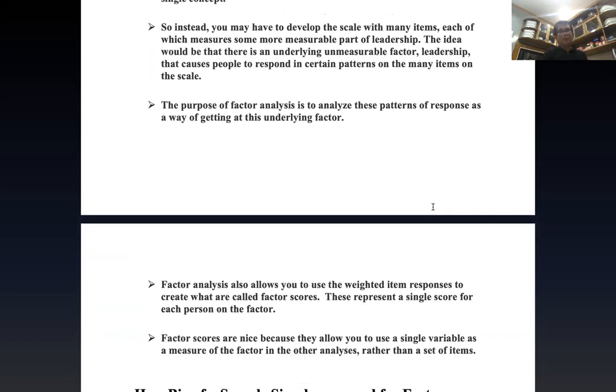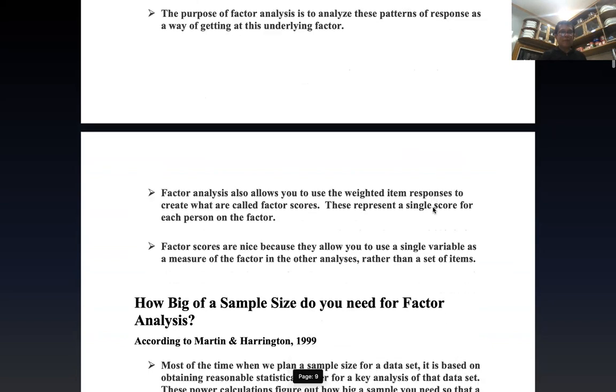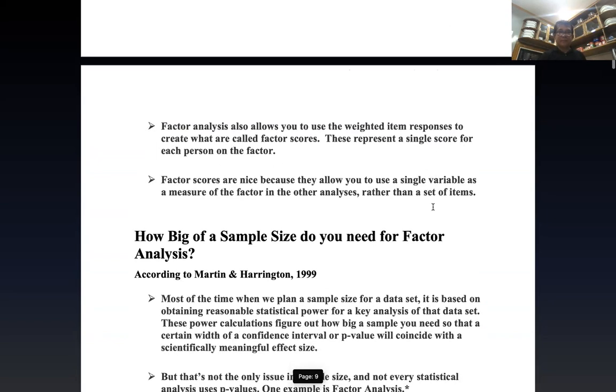Factor analysis also allows you to use the weighted item responses to create what are called factor scores. These represent a single score for each person on the factor. Factor scores are nice because they allow you to use a single variable as a measure of the factor in other analyses rather than a set of items.